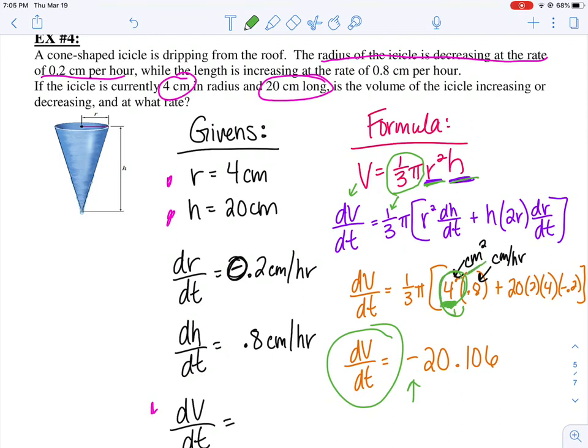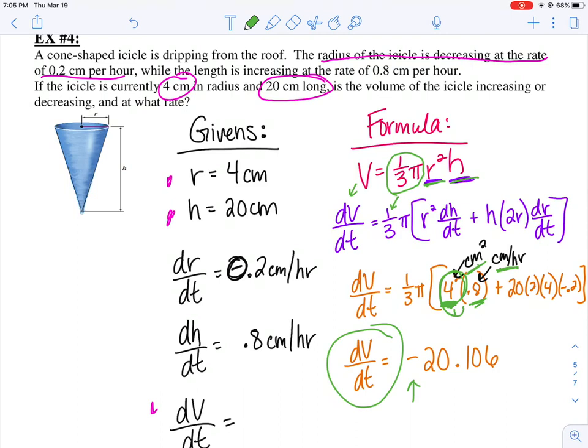So then when I squared it, I now have centimeters squared. I then multiplied it by 0.8 centimeters per hour. So if I have centimeters squared times centimeters per hour, don't I have centimeters cubed per hour? And it should make sense because volume is normally in units cubed, and if it's a rate, it's units cubed per hour.